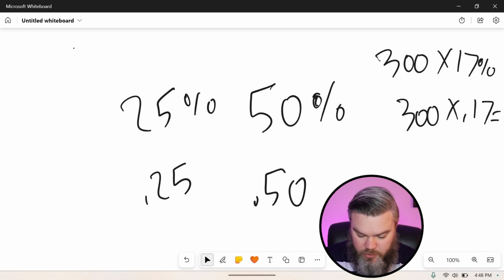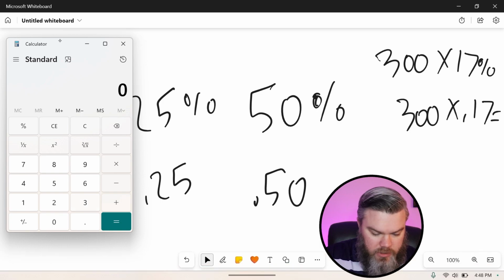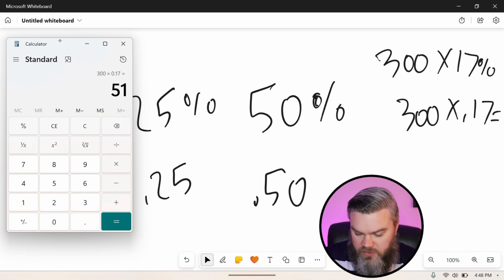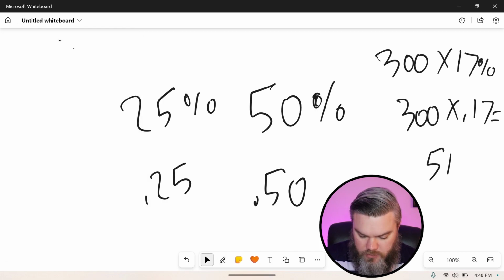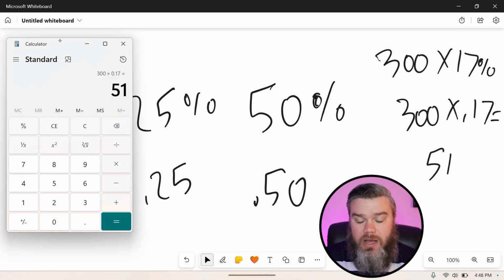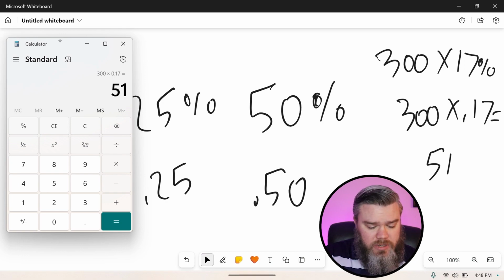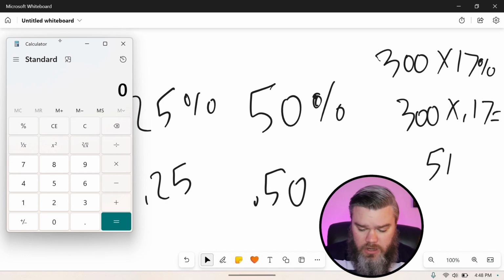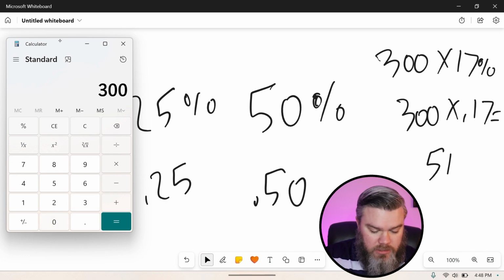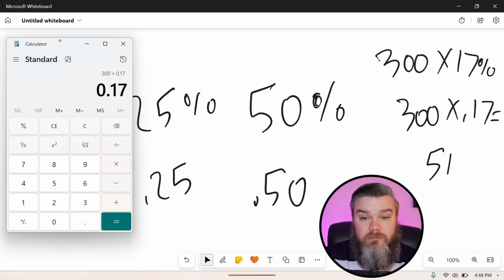So in this case, if I pull up my calculator, 300 times 0.17 would be 51. My calculator keeps hiding away here, so I'll keep pulling it back up. And so you can use the calculator function to do this as well, and so you could say 300 times 17 and then hit the percent button and it will convert it for you.